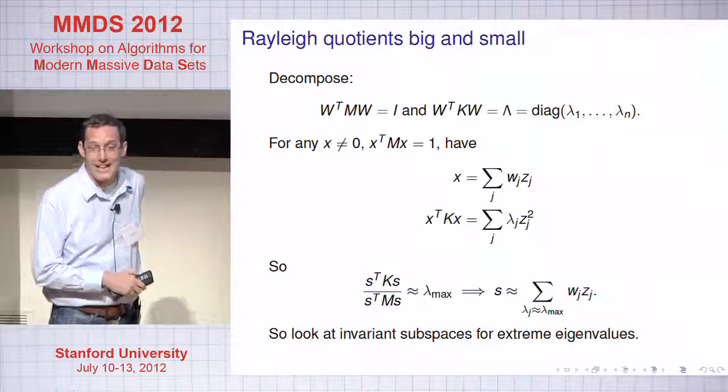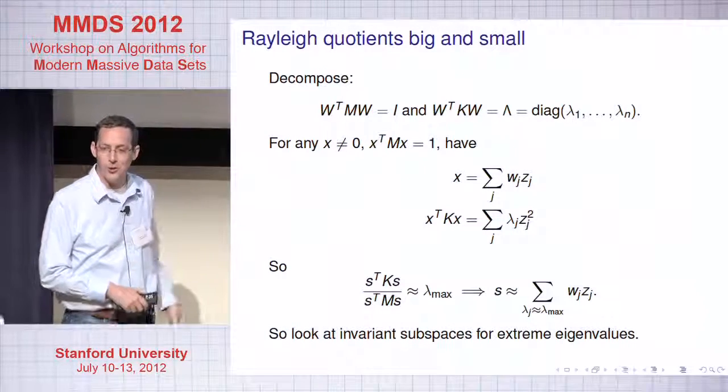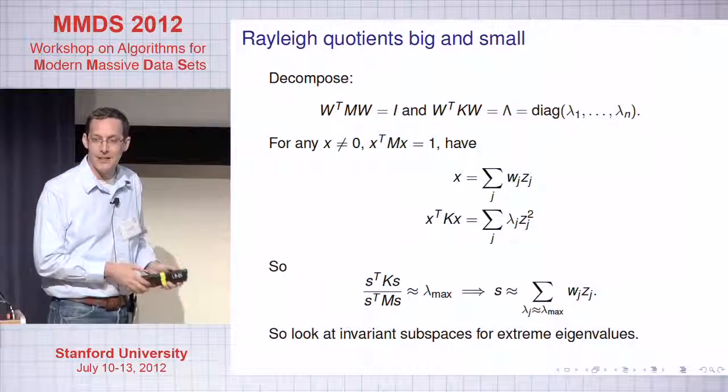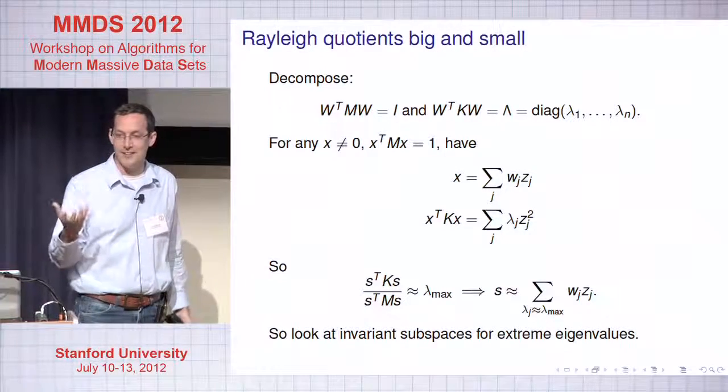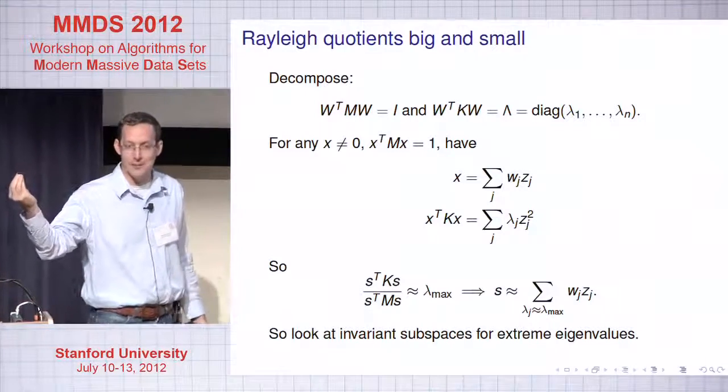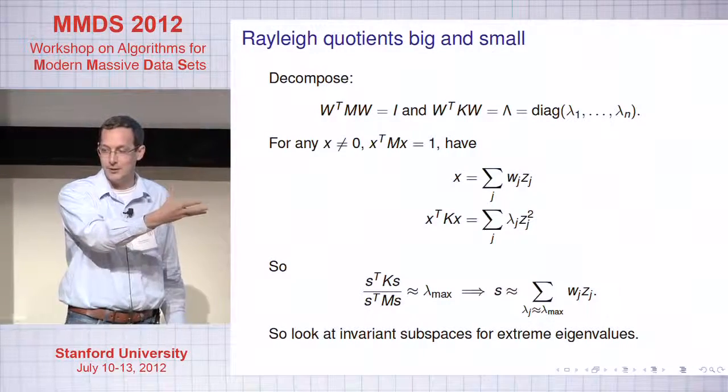And if I take that weighted average and I get anywhere close to the maximum or the minimum, well, I can't take a weighted average of a set of things, have it come out close to the maximum, and know that most of the weight is far away from the maximum.